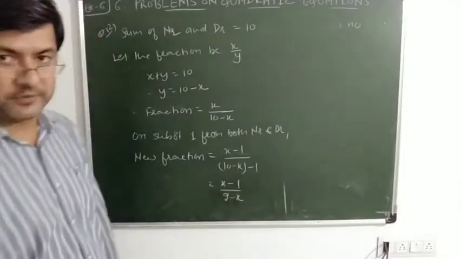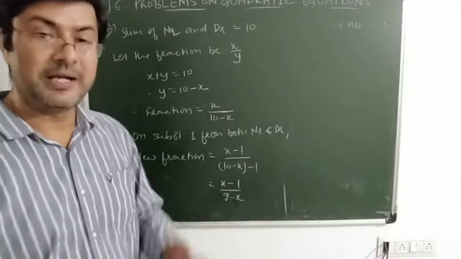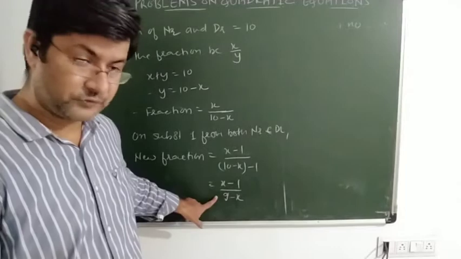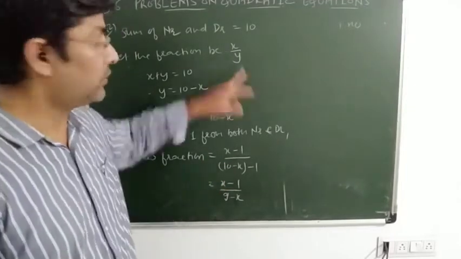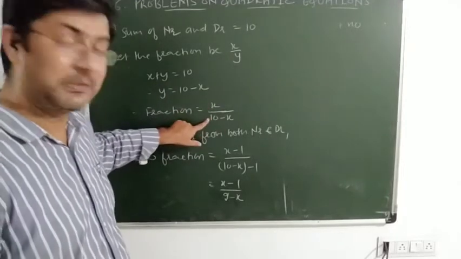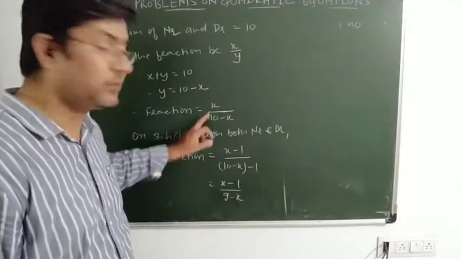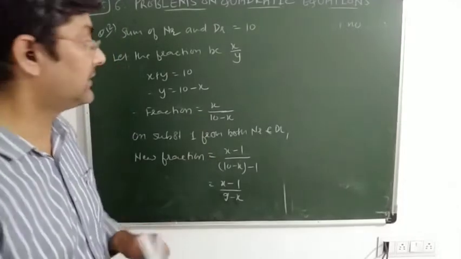Clear? Now it is given that this new fraction is decreased by 2 by 21. That is, the value of the new fraction is 2 by 21 less than the original fraction. What is the original fraction? x upon 10 minus x. In short, 2 upon 21 is the difference between the two fractions. Yes or no? And which is the bigger one? The original one is the bigger one.